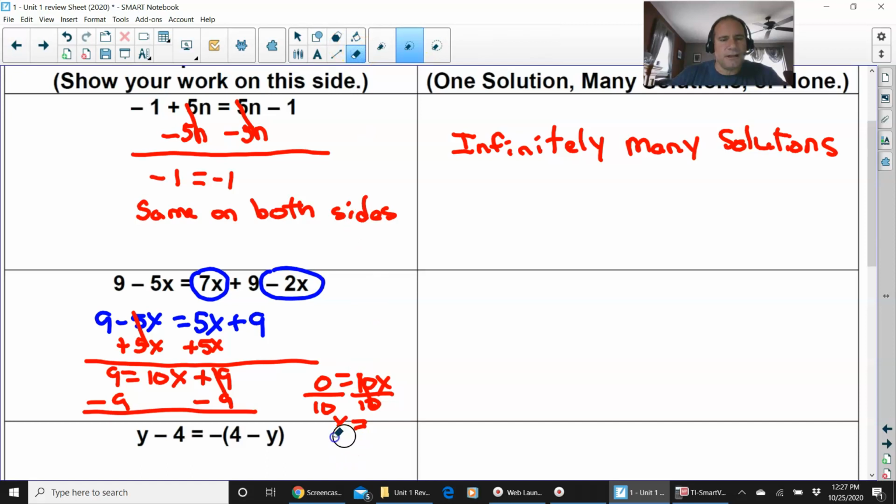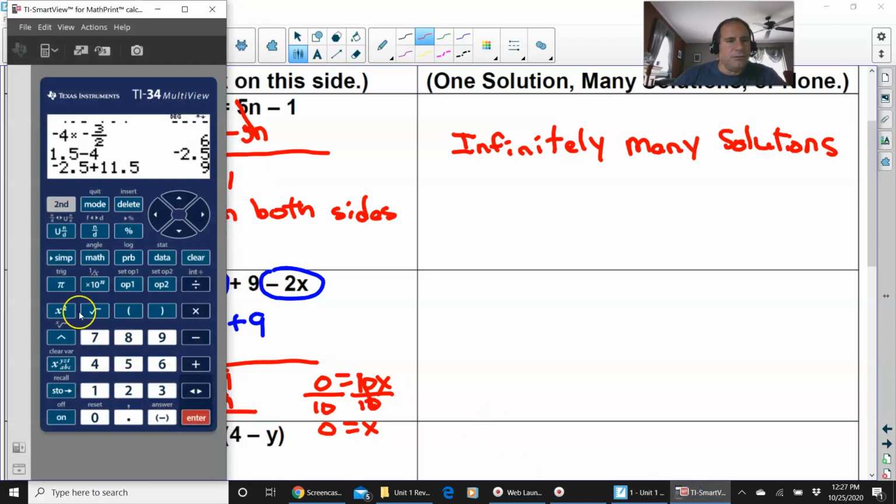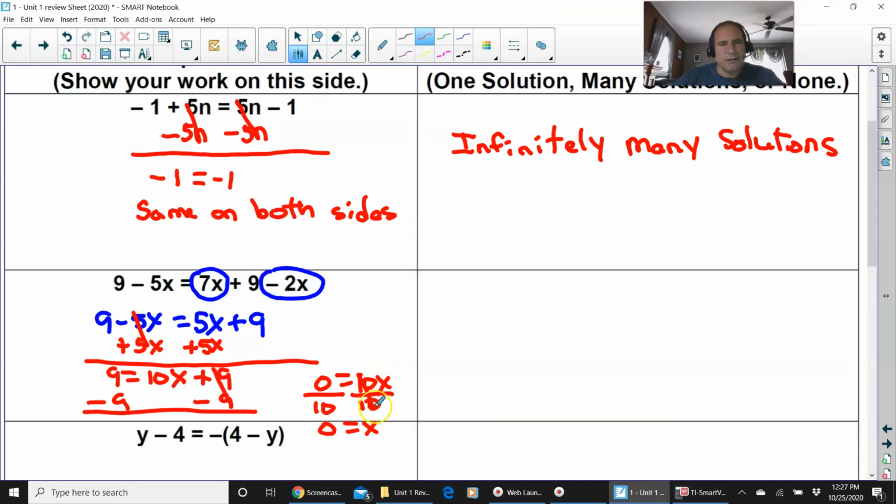I'm not going to switch it around like that. This is 0. 0 divided by 10. If you do 0 divided by anything, 0 divided by 10 is 0. So just wanted to prove that to you using the calculator. This is one solution. And that one solution is 0.